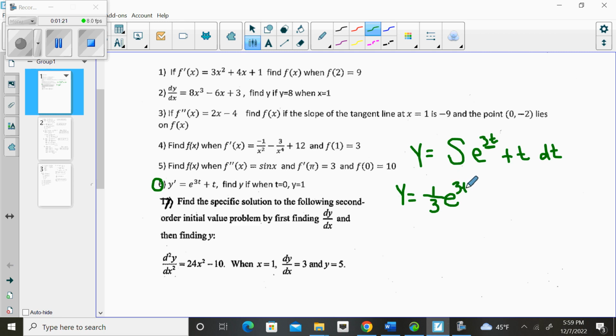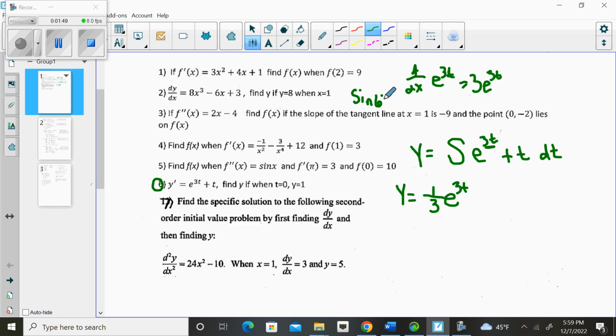And remember, if we're doing the derivative, as opposed to the antiderivative, the derivative of e to the 3t would be 3e to the 3t, not the reciprocal of 3. We get the same kind of rule with the antiderivative or the derivative of something like sine 6x.